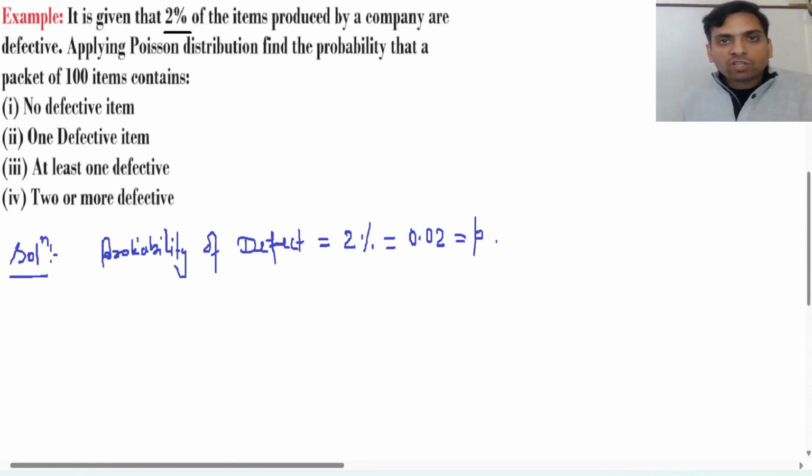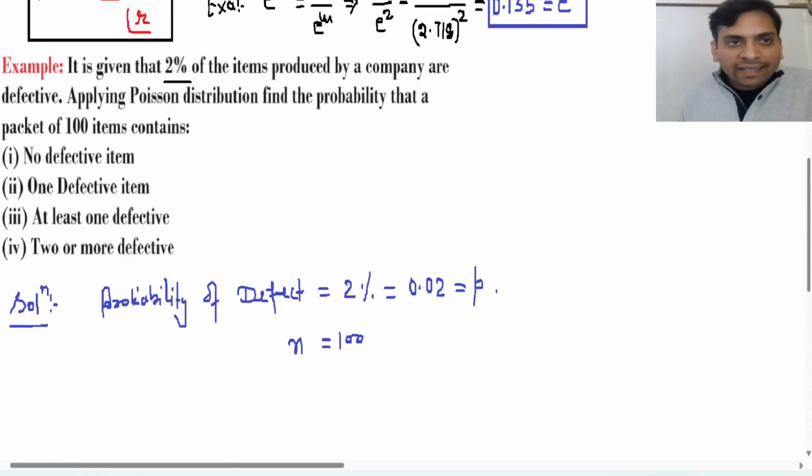Applying Poisson distribution, find the probability that a packet of 100 items contains. Now a packet of 100 items is just like n observations. So in this case, n equals 100. Clear?